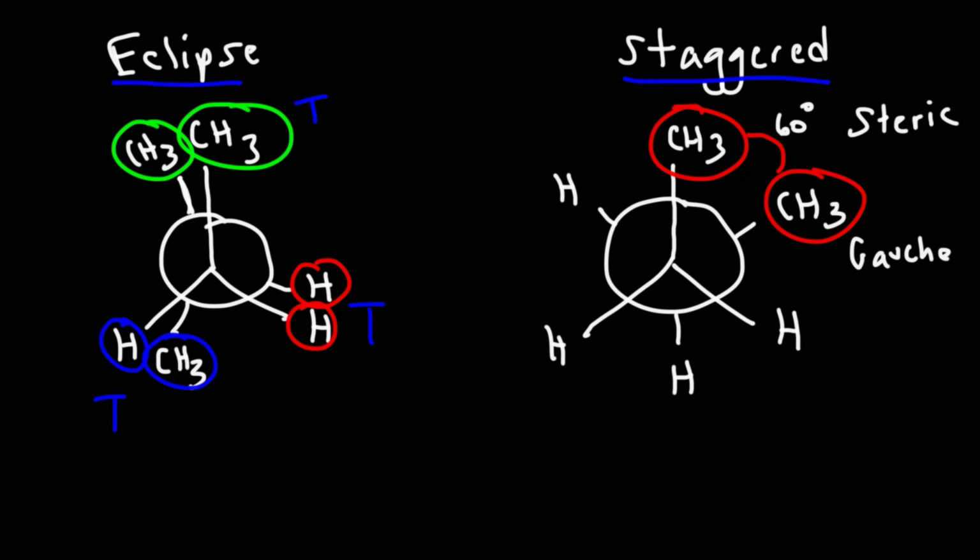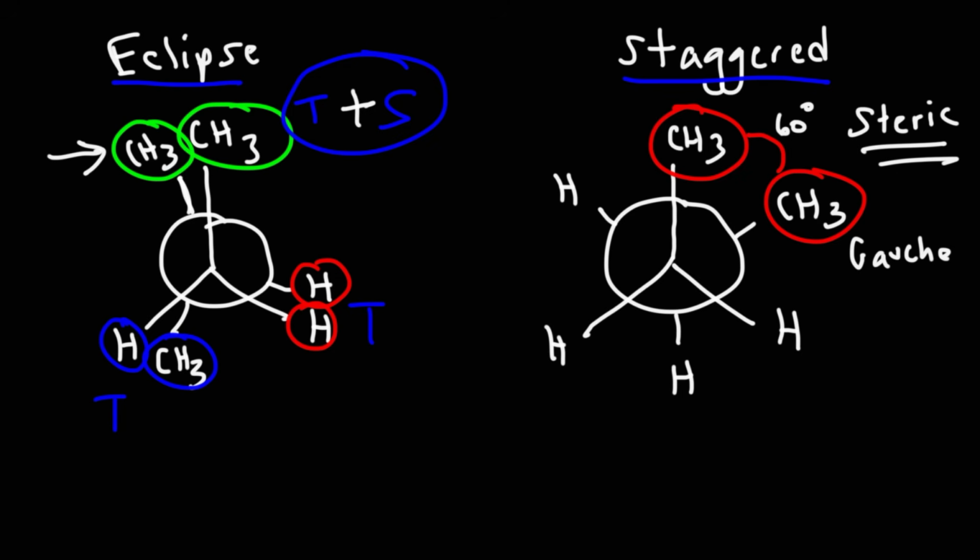So steric strain does exist in a staggered conformation if the 2 bulky groups are within 60 degrees apart. Now here, the bulky groups are next to each other in this eclipse conformation. So in addition to torsional strain, you also have steric strain here.